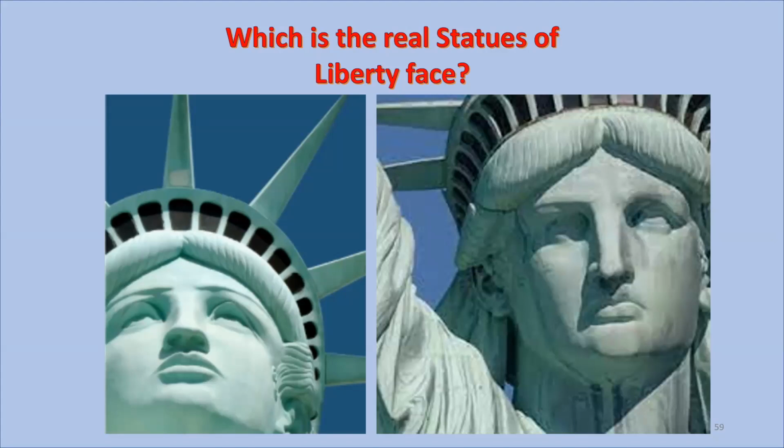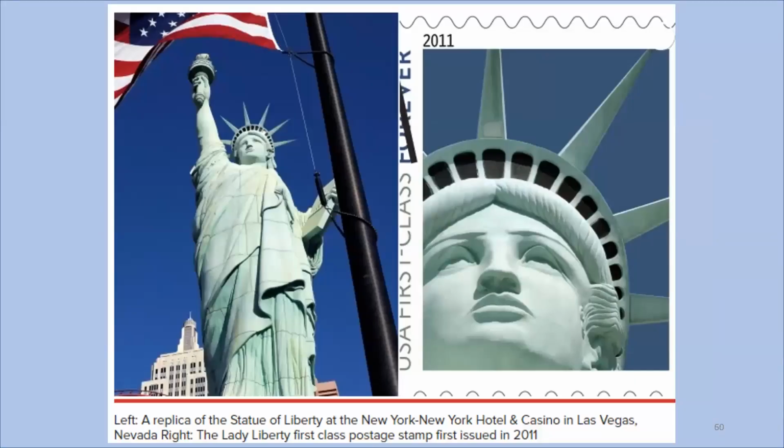The one on the left is actually from the New York New York Casino in Las Vegas, but somebody forgot to tell the U.S. Postal Service about that. The image that they used was from the Las Vegas statue, not the real one in New York. Nobody even noticed it until 2001, when an actual stamp collector was looking through and he realized that's not the right Statue of Liberty.